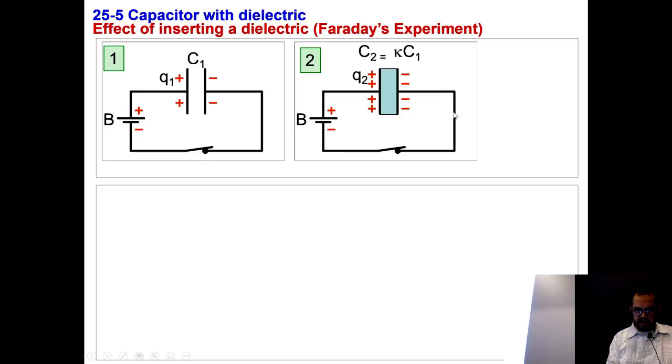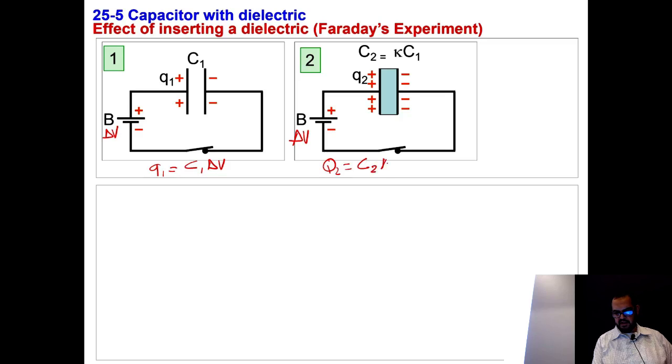So we know here the charge Q1 is equal to C1 delta V. Now the battery is still connected, so the potential difference is still delta V. But now the charge Q2 is going to be equal to C2 times delta V. And since C2 is kappa C1, Q2 is kappa C1 times delta V. So you can see that in this case, the charge has increased.